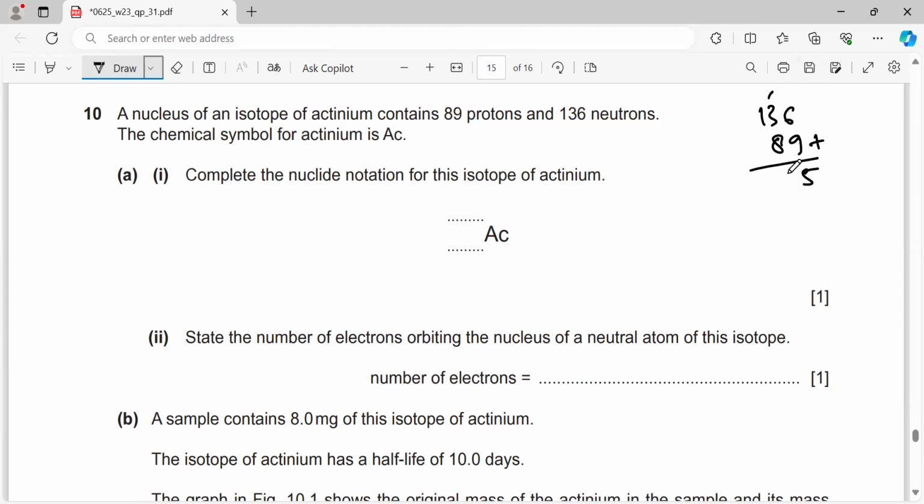And then this is 89 as well. So 225, and this is 89. State the number of electrons orbiting the nucleus of a neutral atom of this isotope.